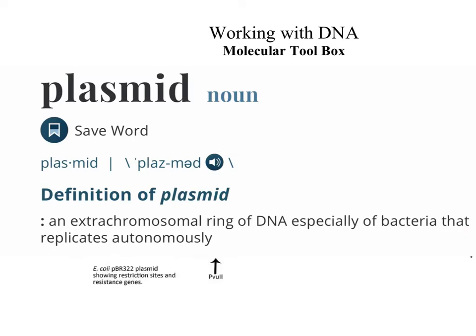In other words, it is replicated by the bacteria or whatever carries the plasmid. For bacteria, the reason why they happen in nature is that plasmids can confer some kind of selective advantage for survival.